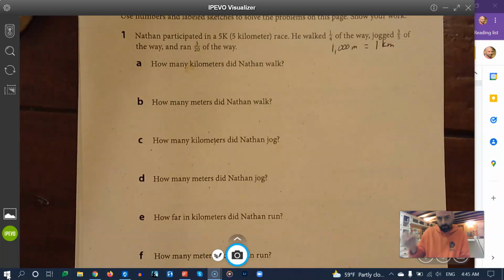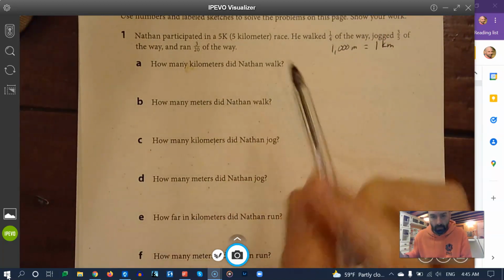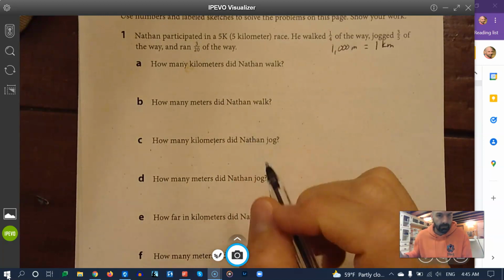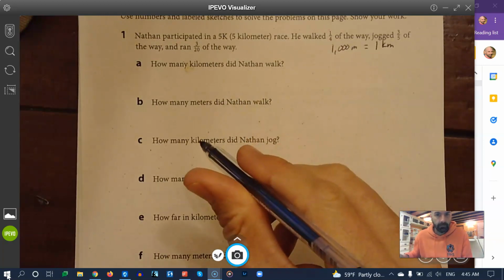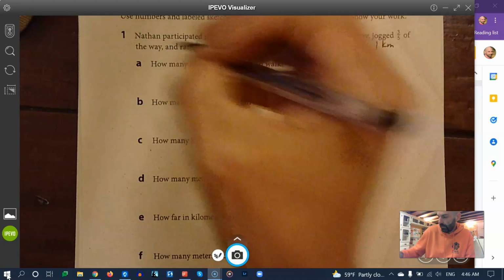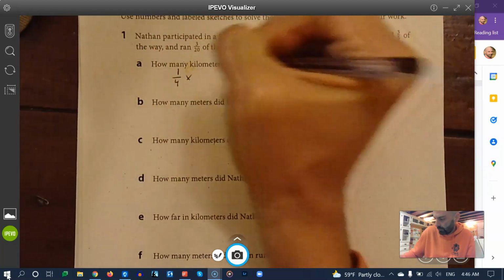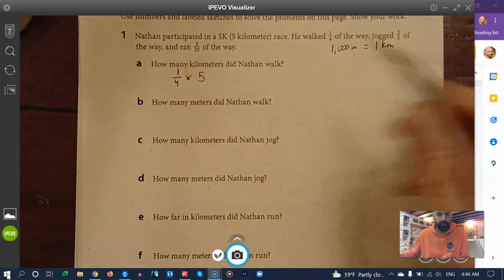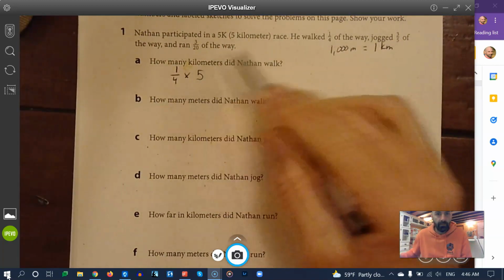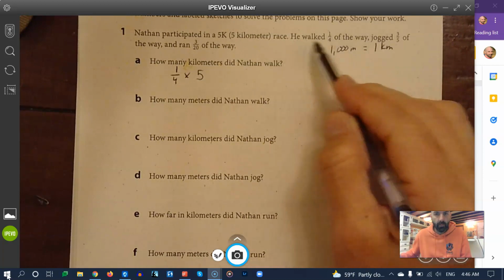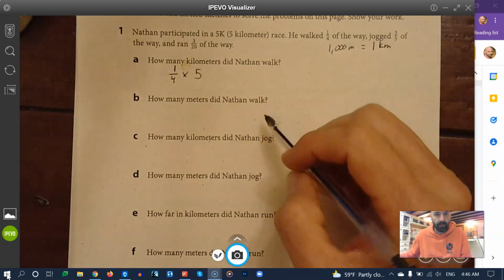So let's look at this first one. How many kilometers did Nathan walk? How do we figure that out? Hopefully you saw that we have 1/4 of 5. So you walked 1/4 of the way of the 5 kilometers.